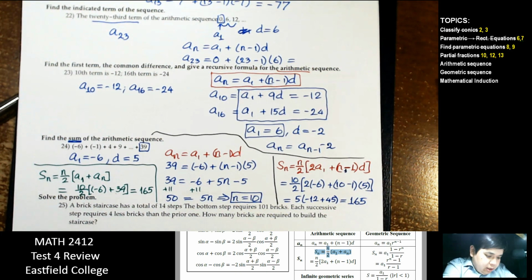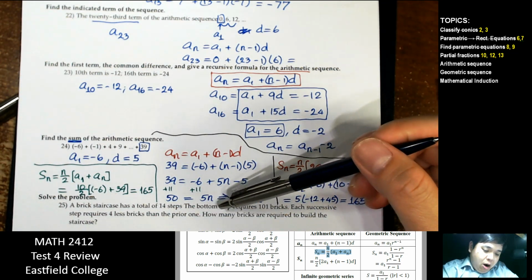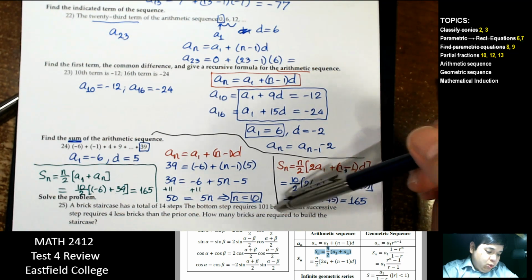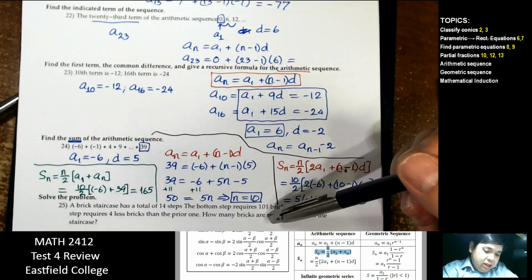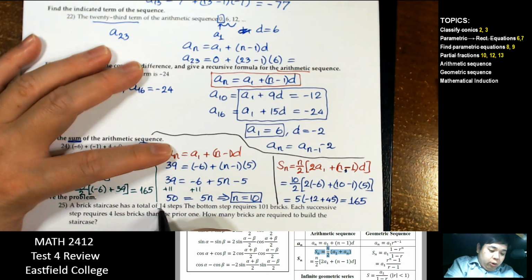Right. I'll look at the next problem as well. The total of 14 steps. So we know that there are 14 steps. At the bottom we require 101. Each one will be one less. How many bricks required? Right. So 14 steps, that will be n. The first one, 101.